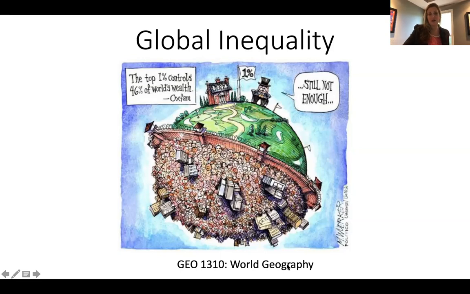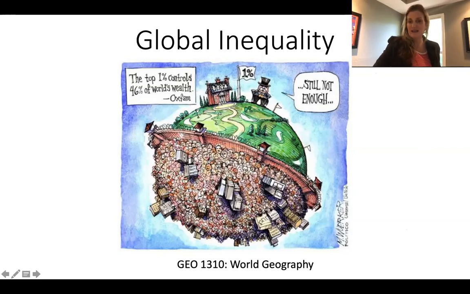So let's talk a little bit about what is income inequality. What does that mean? Well, we're talking about the distribution of the pie. Who has what percentage of the national wealth, of the world's wealth, okay? So this political cartoon shows the top 1% controls 46% of the world's wealth.